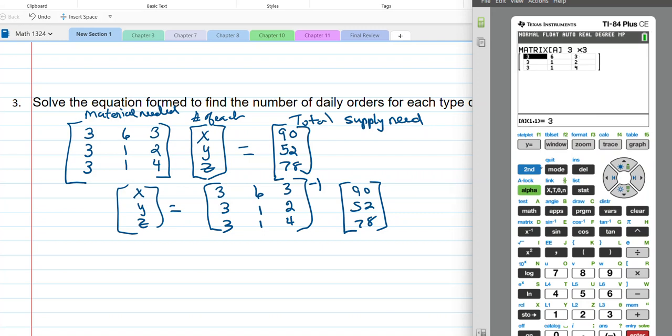All right, we're good. Now I'm going to do my B. Second matrix, edit. I'm going to go to B. And this guy is a 3 by 1. And we're going to type over 90, 52, and 78. All right. 90, 52, 78. Good. That's what I have.